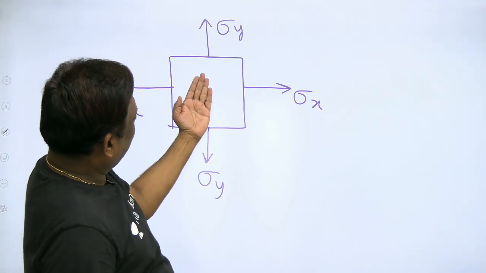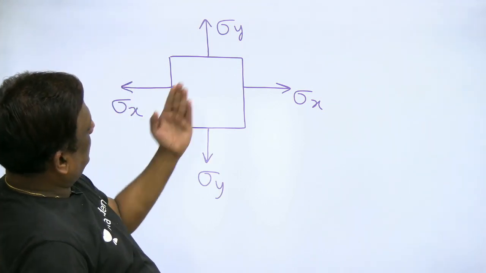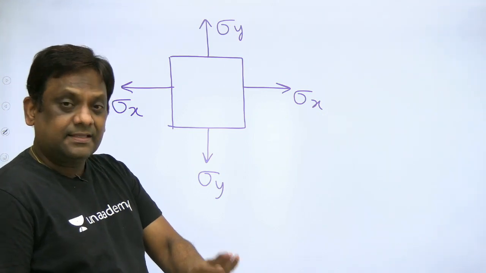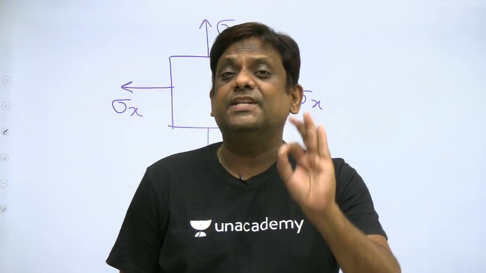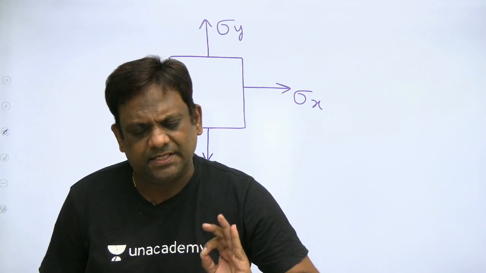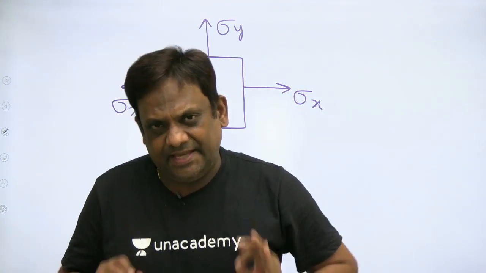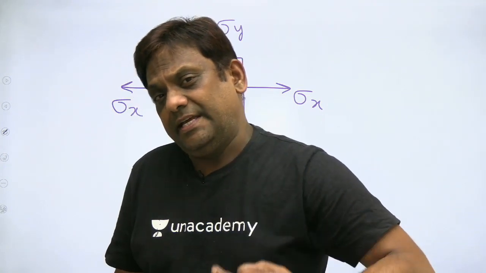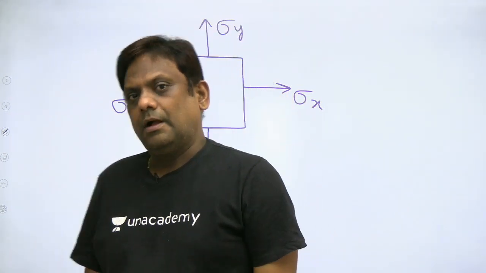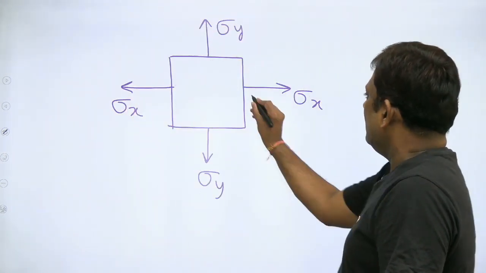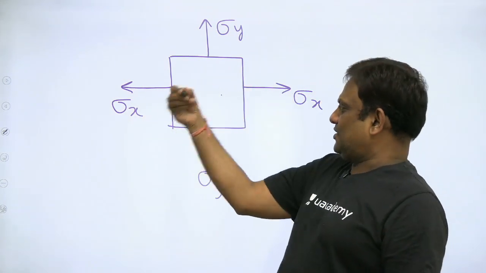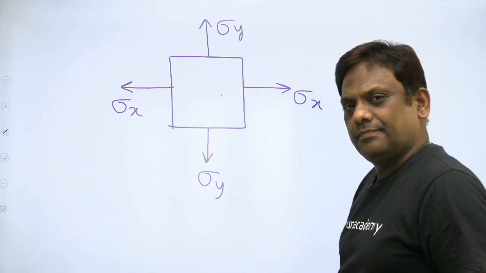So if the stress in one of the principal directions, say Z direction, is 0, then that is the condition of plane stress. So what is plane stress? In plane stress case, the stress in one of the principal directions is 0.